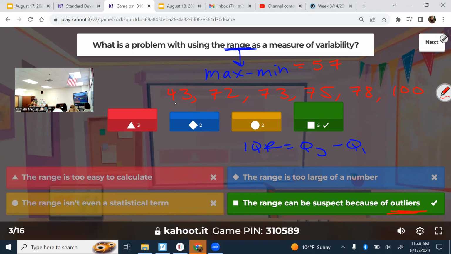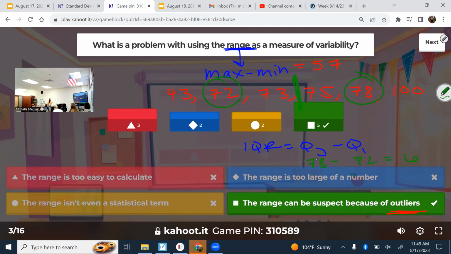IQR would be the best measurement, and let's do the IQR real quick for this. My middle number would be between these two, which means that my Q1 is 72, my Q3 is 78. So when we do that math, we get 6 for the IQR. And doesn't that better measure how spread out the data is in reality?